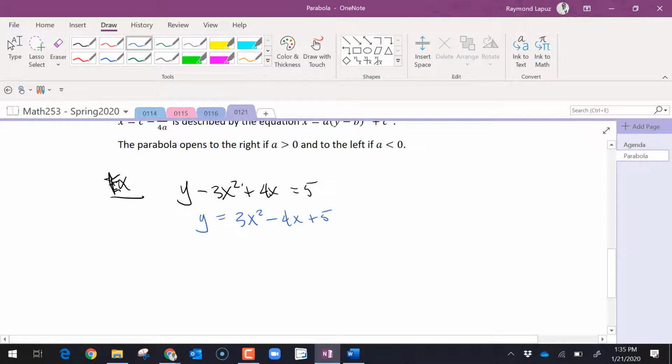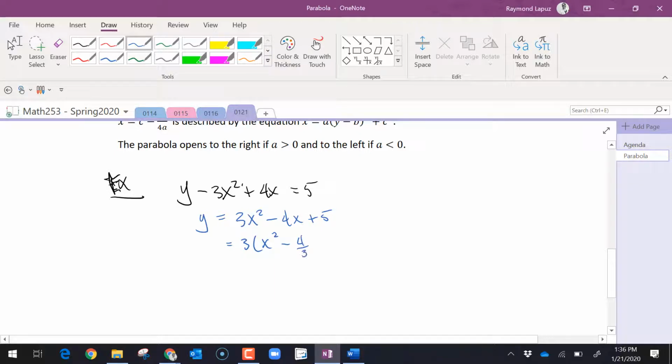So the completing of the square will happen here on the right-hand side. And before I begin to complete the square, I notice that there's a coefficient in front of the x squared. So I need to factor that out. Now, I'm only going to factor that out of the first two terms because I don't want to mess with a 5.